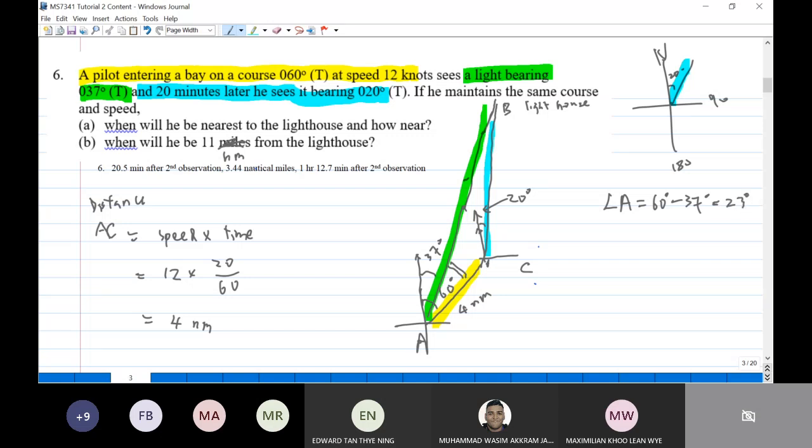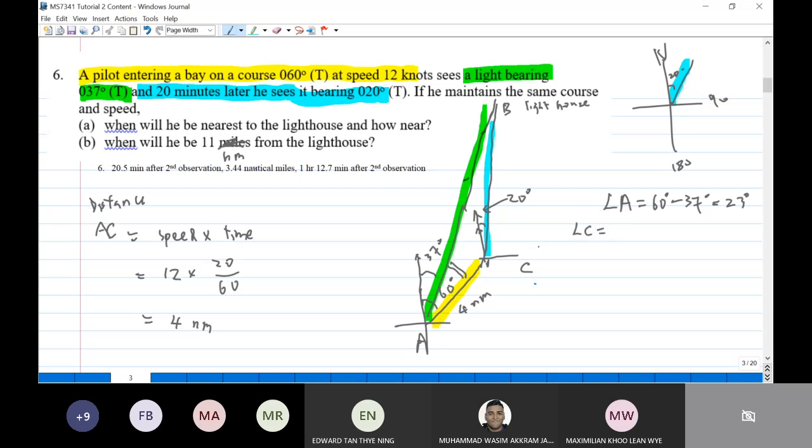So angle A is 23. Okay, what else do you know? What is angle C? Can you find it? I need space right now because I think there is not enough space.